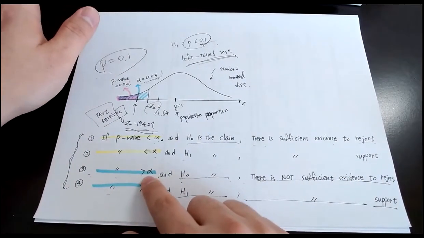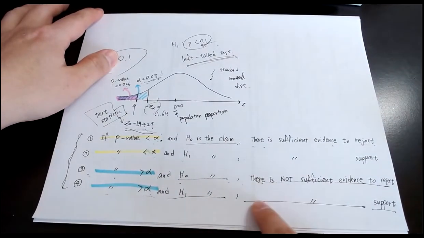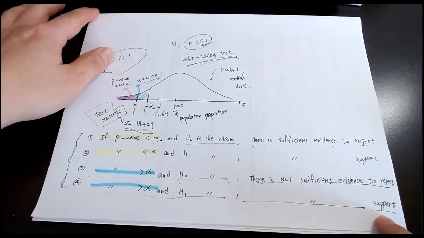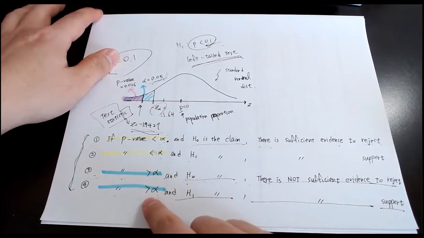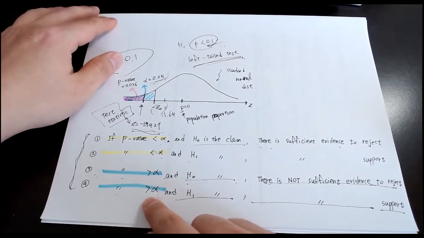And H sub 1 is the claim. So the conclusion must be: there is not sufficient evidence to support the claim. Because the p-value is greater than alpha, that means we fail to reject the null hypothesis, H sub 0.